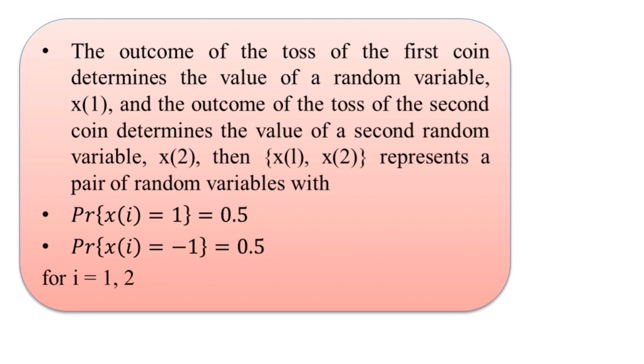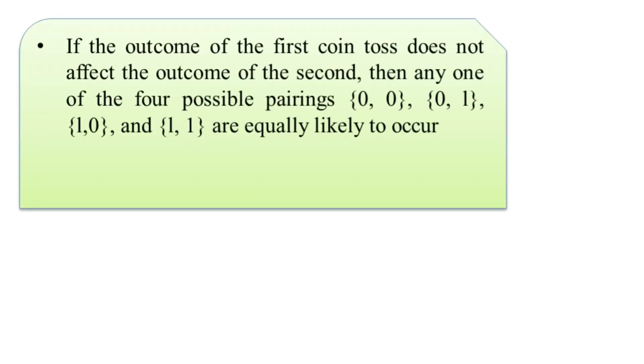Now if the outcome of the first coin toss does not affect the outcome of the second coin, that is they are exclusive and they don't have any kind of dependencies on the outcomes, in that particular case there are four possible combinations we obtained.